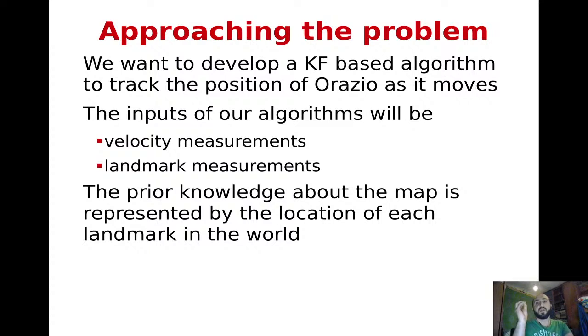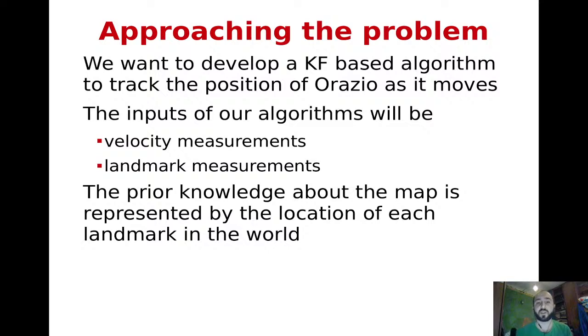So we want to localize the robot, so track the position of Orazio over time. A robot pose in 2D is represented by an element of the special Euclidean group SE(2), whatever, so it's a transformation matrix. And then we have the controls. The controls are Euclidean because we have translational velocity and rotational velocity, V and omega, so it will be real space, R2.